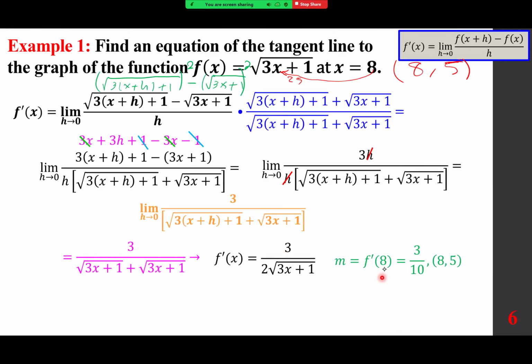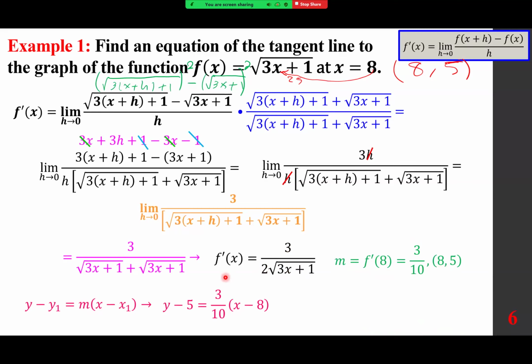And now elementary algebra, y minus y1 equals m times x minus x1. Y minus 5 equals 3 over 10 times x minus 8. If we distribute, this becomes 3 over 10 times x.